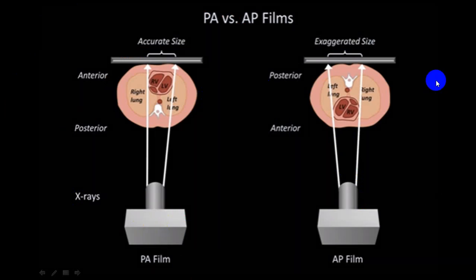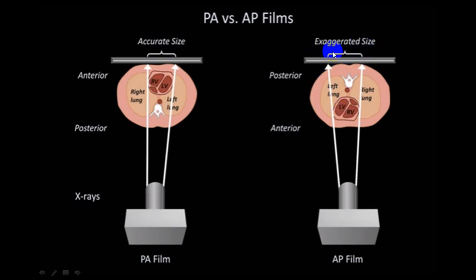So here there is one particular explanation. You can see that when you take a PA view, the structure which is anterior gives you an accurate size. So heart is an anterior structure, so this size is almost accurate. While when you take an AP view, the heart is anterior, so the beam while passing through the heart gives this much expansion, or we call exaggeration.